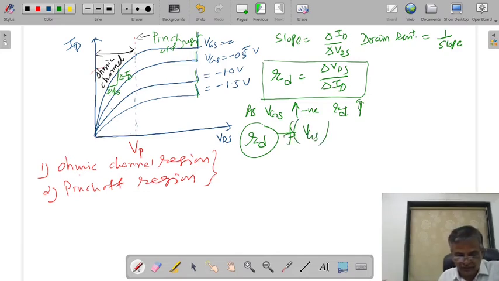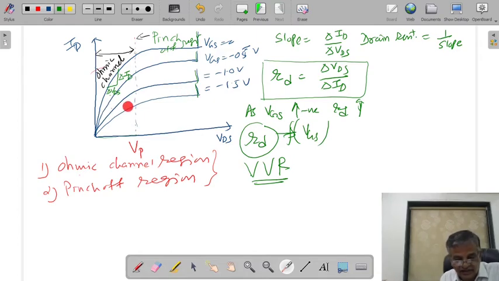So as you vary this voltage, the resistance varies. It means this property of the FET in this region is called a voltage variable resistor. You can use the FET as a voltage variable resistor in the channel ohmic region, not in the other region.